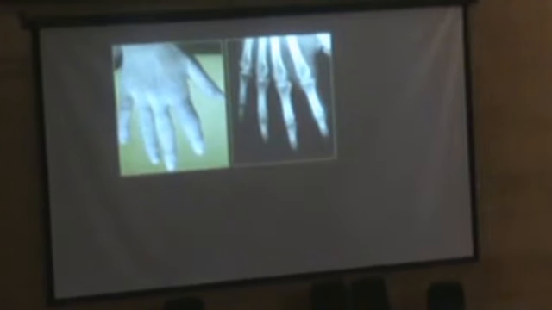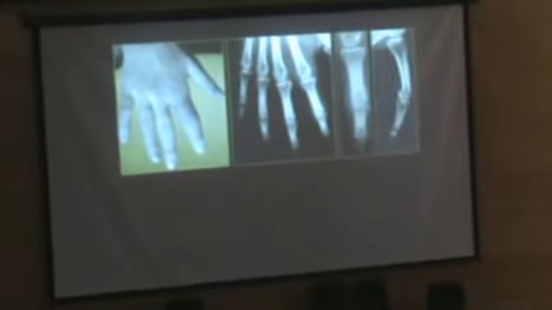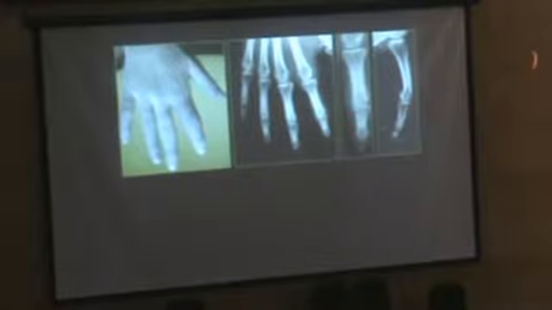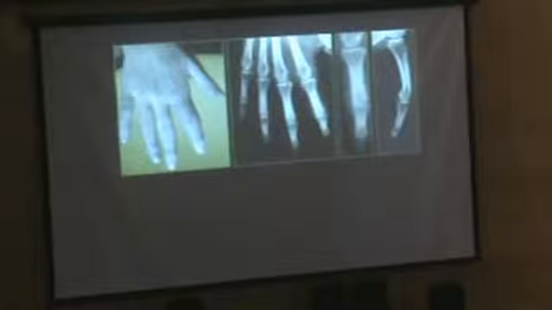I go through this example very quickly just to show the aspect of the sausage digit. It's a very typical feature of psoriatic arthritis. So we see some swelling of the soft tissues. And of course, we're going to see some other findings going on. The joints are not that bad when we see in that X-ray.